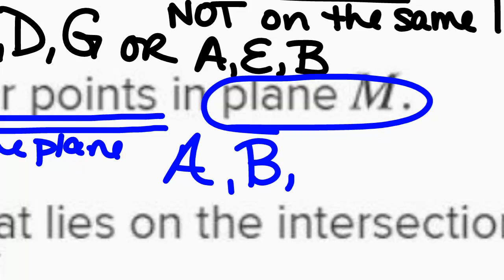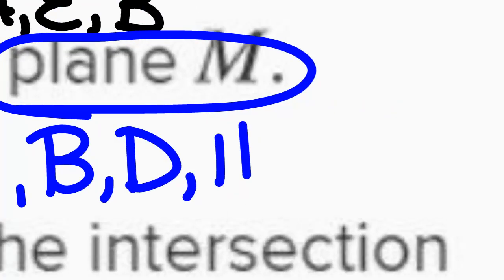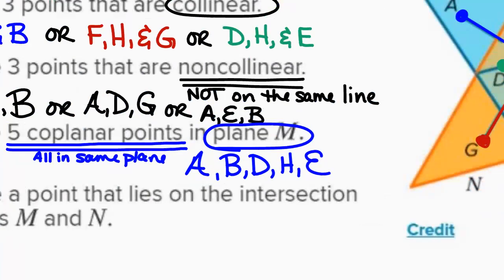So these 3 points right here, D, H, and E, those would be on plane M, and they would be on the other plane since they're on the intersection there. So D, H, and E are the other 3 points we're looking for. That is the only right answer for that one because they only show 5 points on that plane.